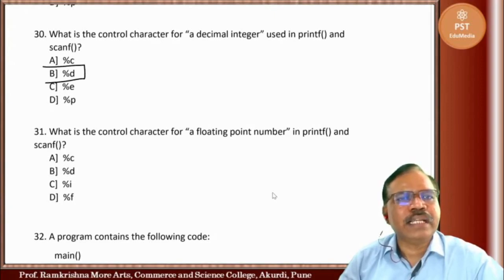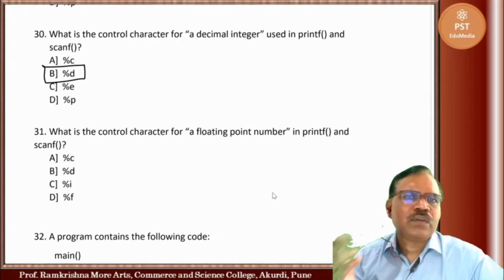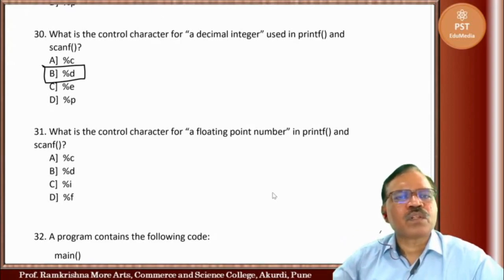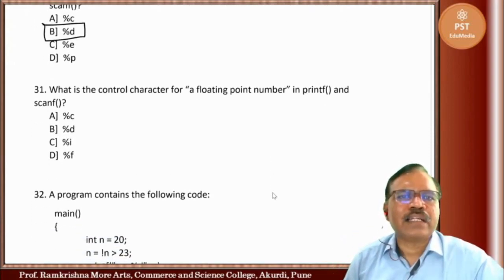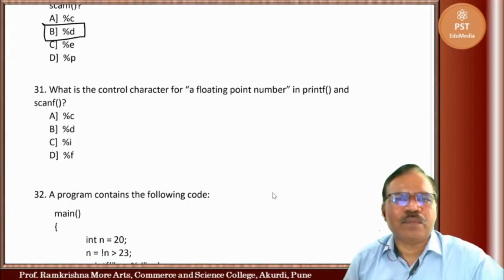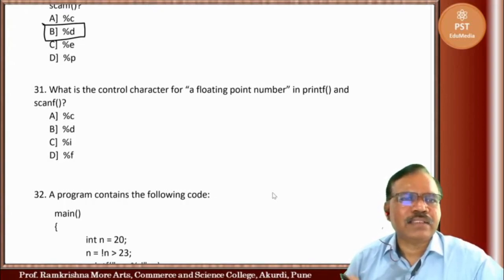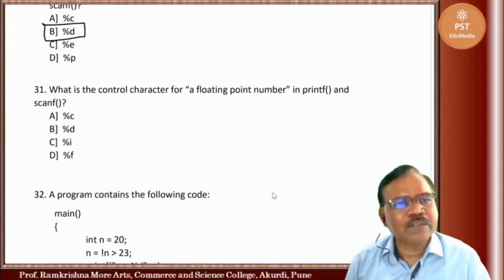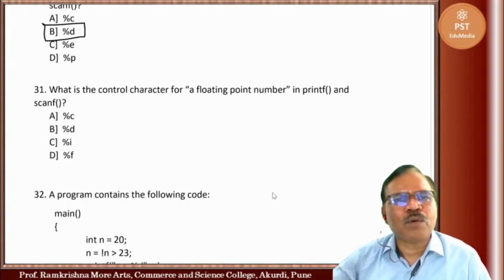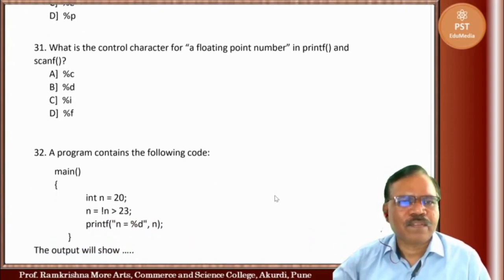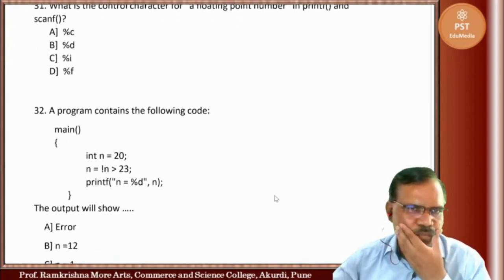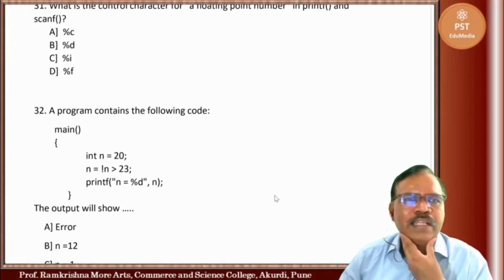That is %d, or you can have %i also. What is the control character for a floating point number in printf and scanf? It is %f.